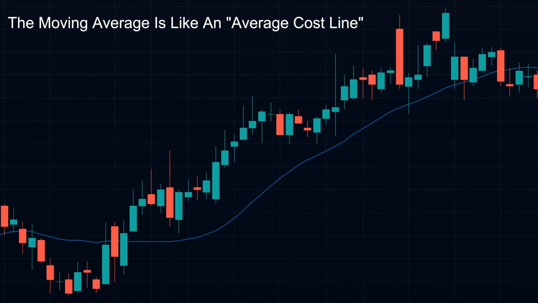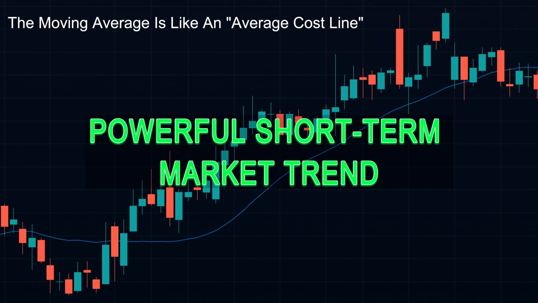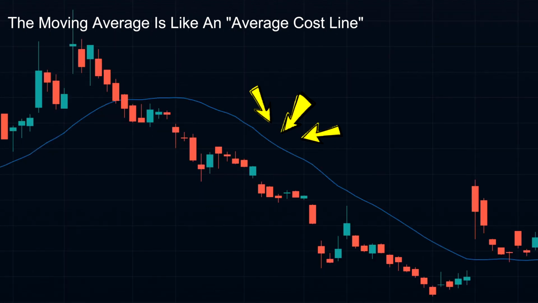If the stock price is above the average cost line, it means that most investors gained profit in the last 20 days and might not consider placing a stop loss order, indicating a powerful short-term market trend. If the stock price is below the average cost line, it means that most investors suffered loss in the last 20 days.